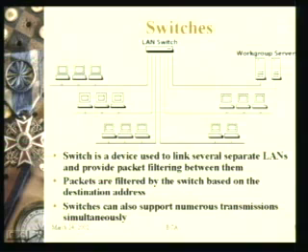Packets are filtered by the switch on the basis of destination address, that is the key. Switches can also support numerous transmissions simultaneously. That's why they are very fast. They increase the speed and they are quite expensive too.